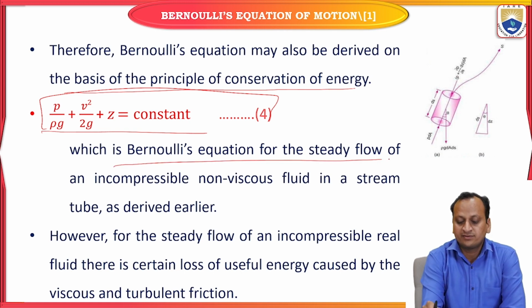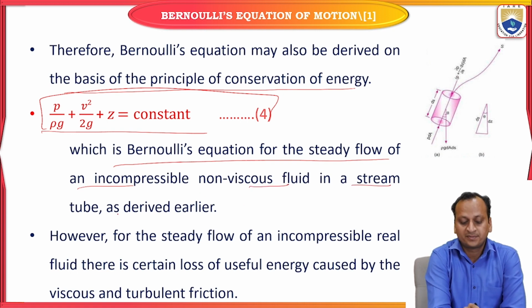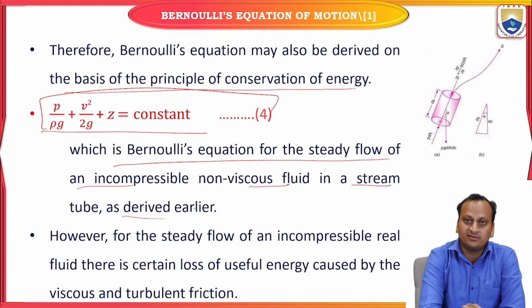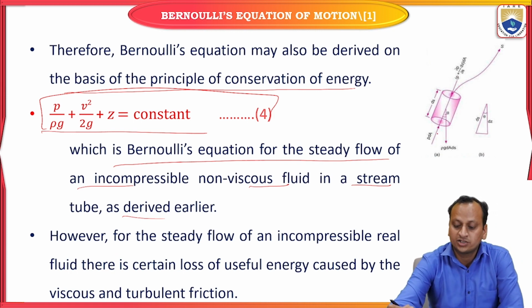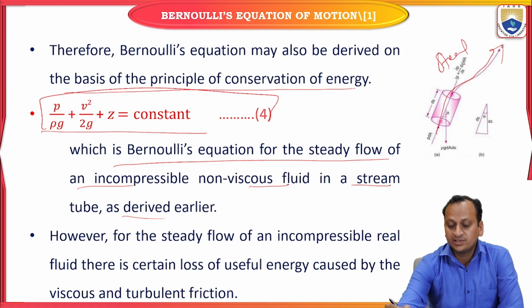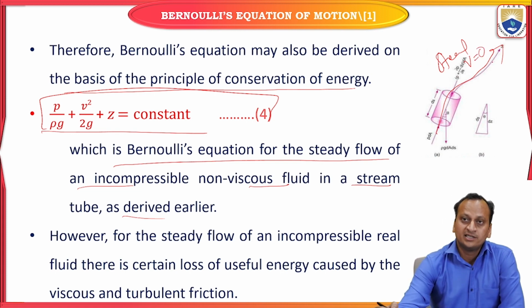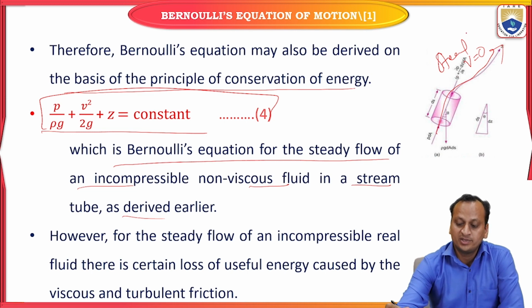This is Bernoulli's equation for a steady flow of incompressible non-viscous fluid in a stream tube, as derived earlier, while a fluid particle is moving along a streamline. For viscosity equal to 0, there should not be any viscosity. That means it should be an ideal fluid.